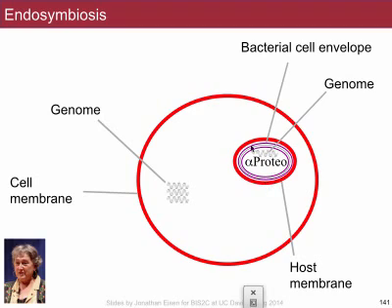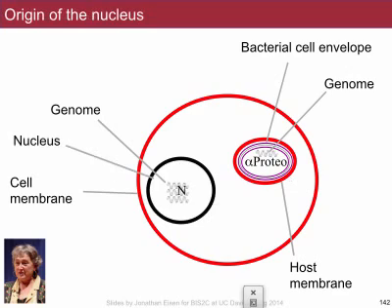Lynn Margulis had noted that mitochondria look something like this, with a cell membrane around them from the normal host cell, in essence, and then bacterial-like membranes, at least, around the mitochondrion. And then, at some point, the DNA of the host cell was enveloped into a membrane to create the nucleus. Again, that may have occurred first or later.